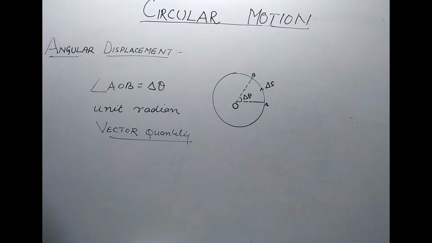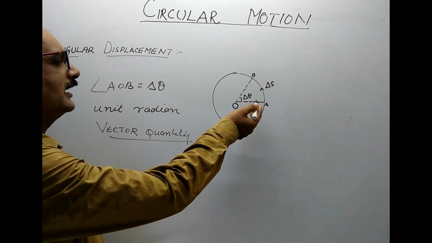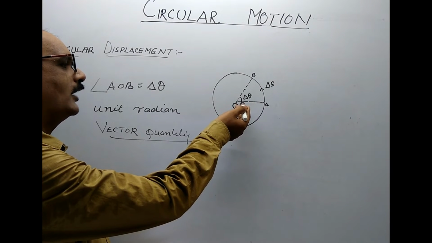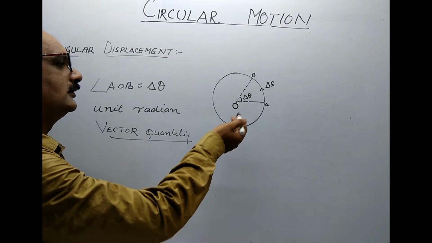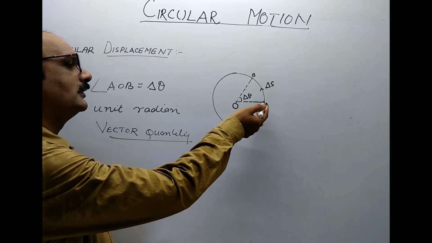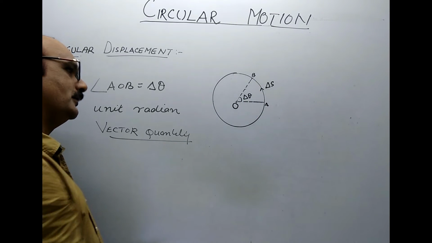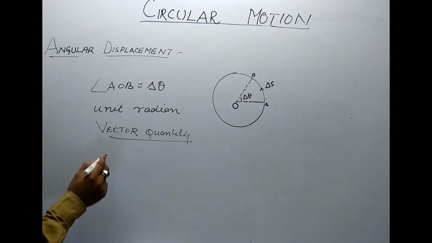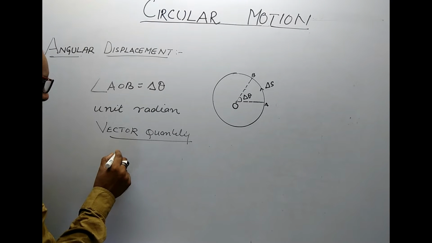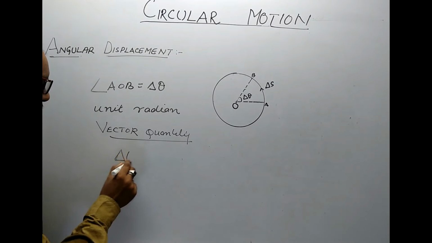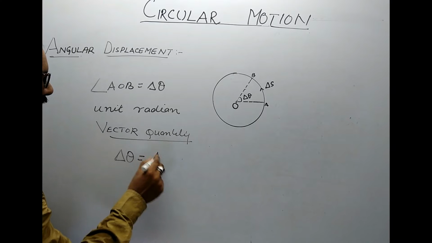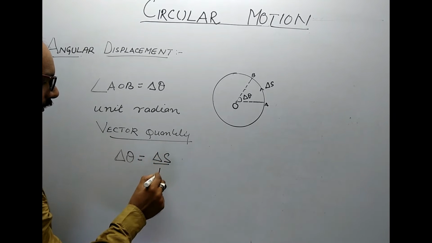Right. Now, what is the relationship between angular displacement and linear displacement? Because when the object has covered angular displacement delta theta, then it has also covered a linear distance of AB. Now we know that delta theta equal to arc upon radius.